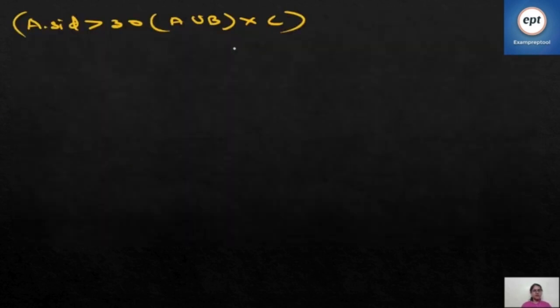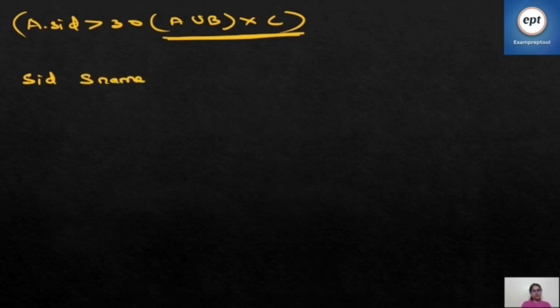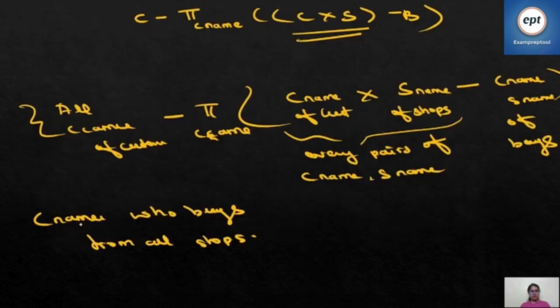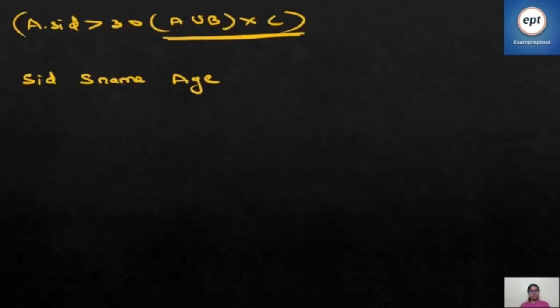So let's write the attributes as per this. We will have SID, S name, age. For now we are only going to consider all of this.